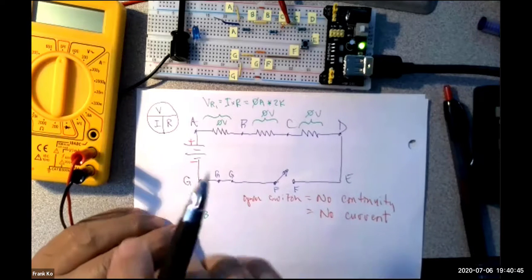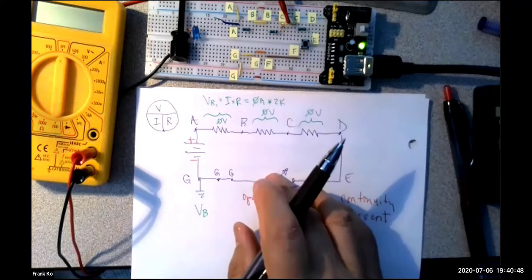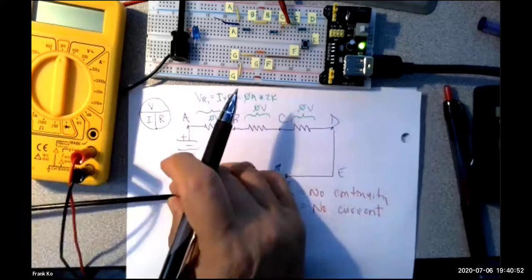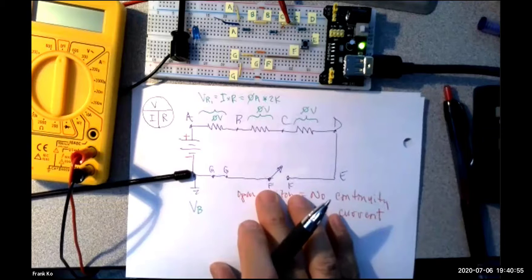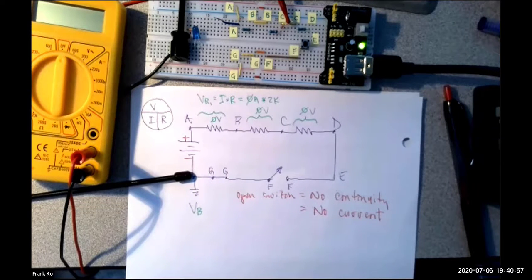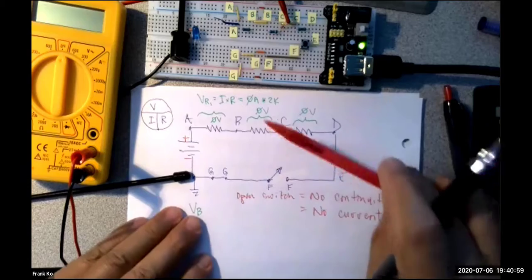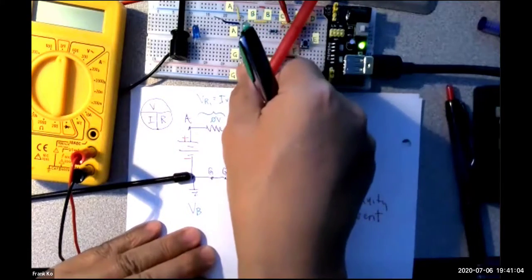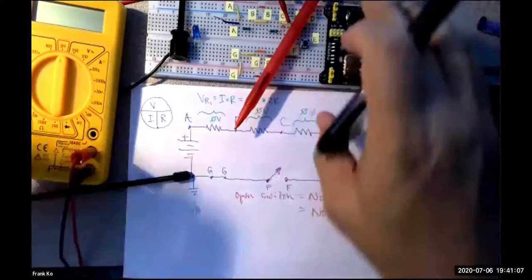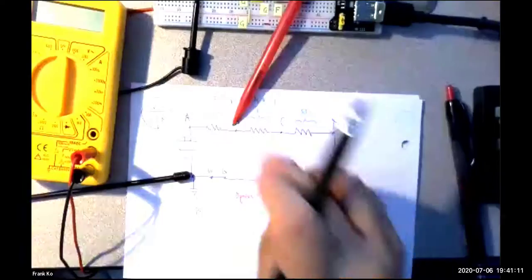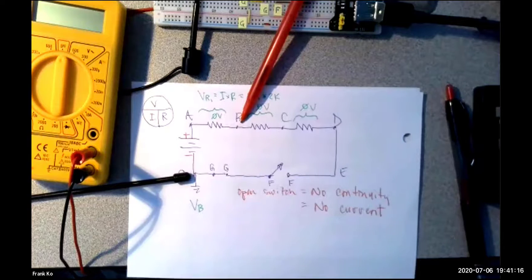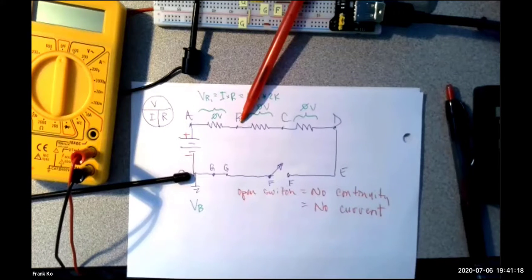So I'm going to put my black probe right here at ground, and my red probe is going to go to point B, which is right here. Okay, do this a little better this way. All right. So is my red probe at point B and is my black probe at ground? Yes or no? Correct. Yes.